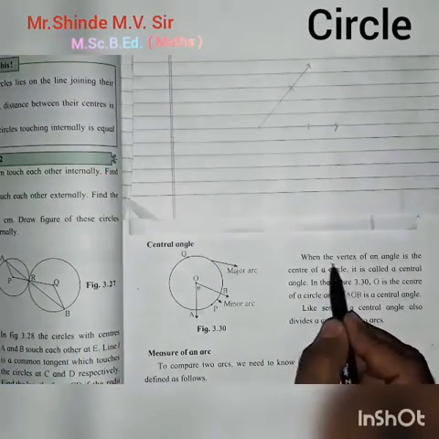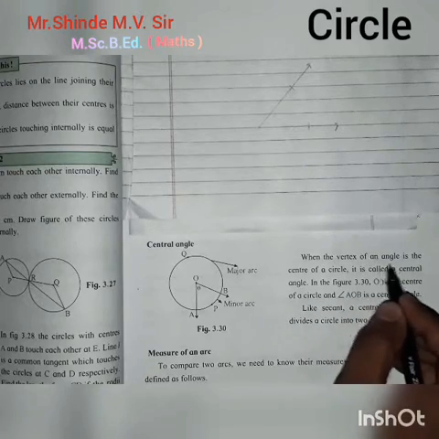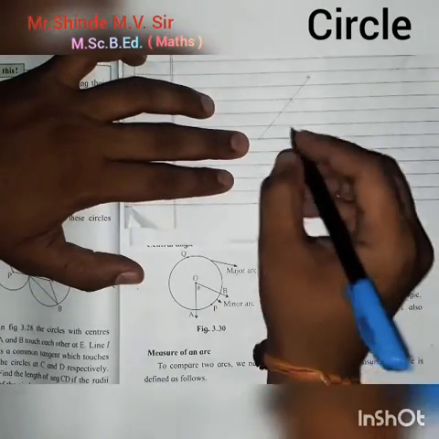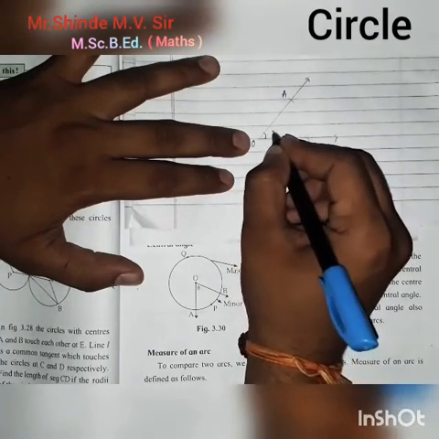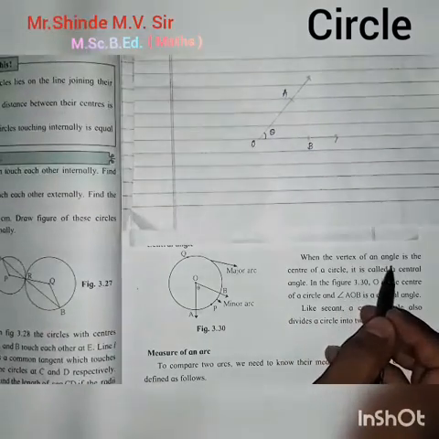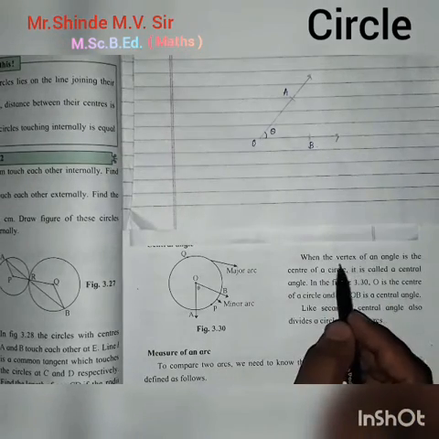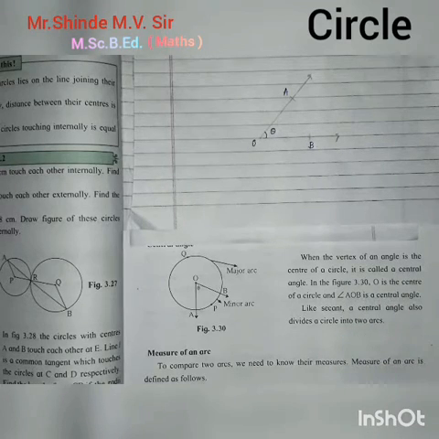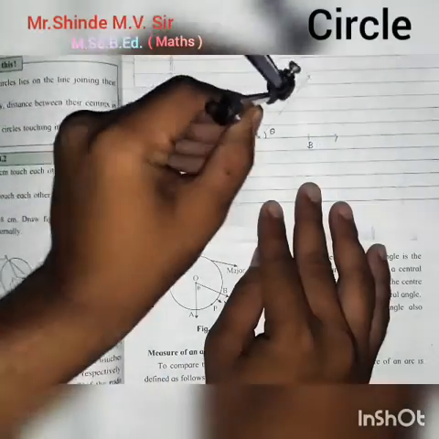When the vertex of an angle is the center of the circle, for example, the angle AOB, this is an angle theta.